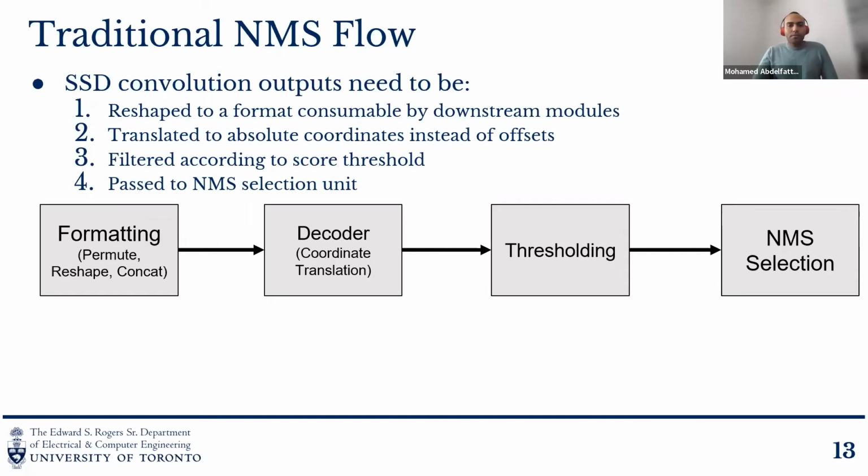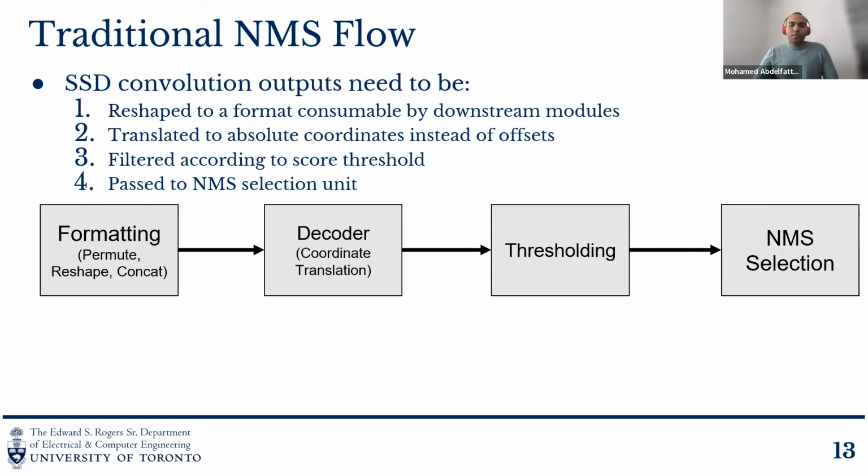For traditional NMS processing, we first have to reshape or manipulate the data coming from the SSD convolutions to a format consumable by the downstream modules of the NMS. Then we take those boxes and classes, and in the decoding stage, we couple them with the predefined or prior boxes, and we convert them to actual coordinates in the image.